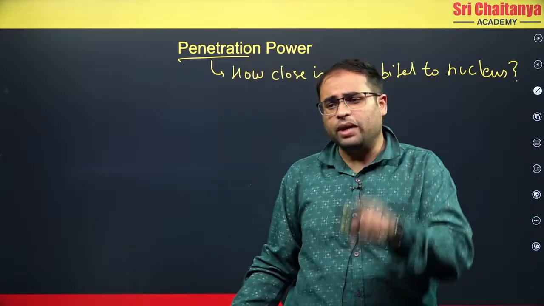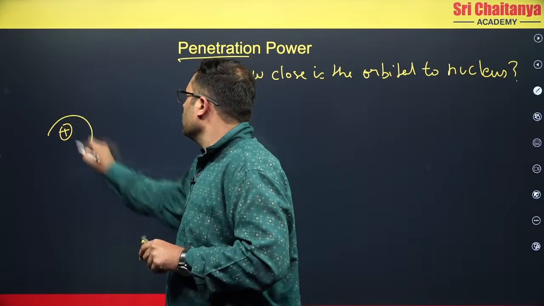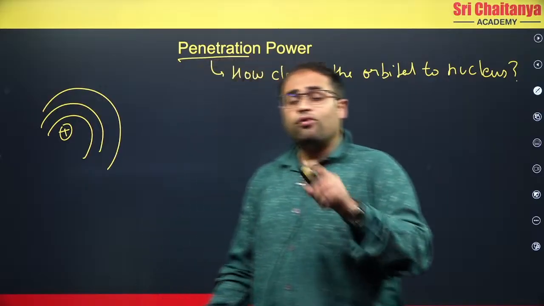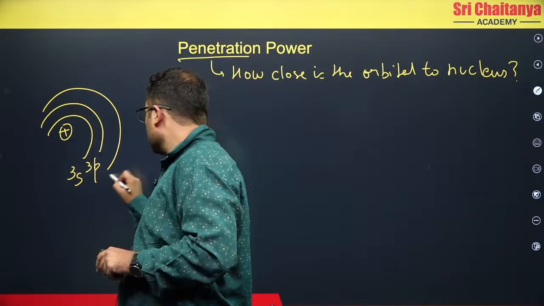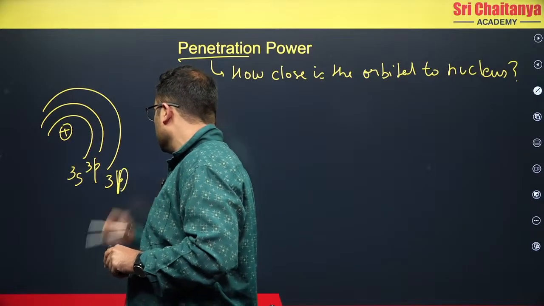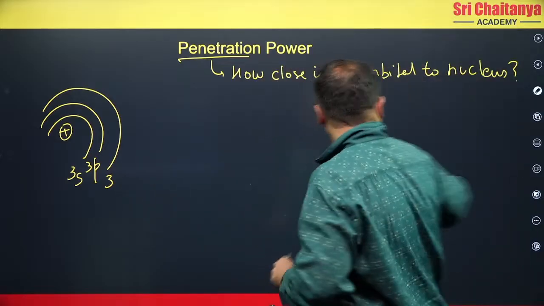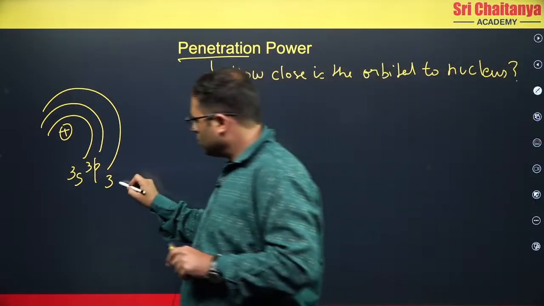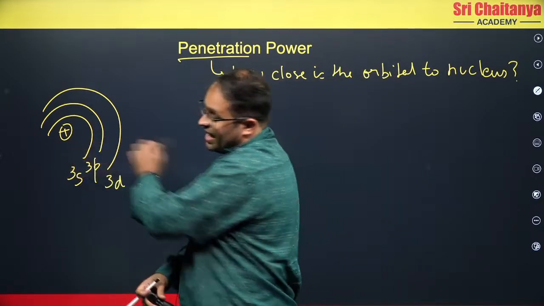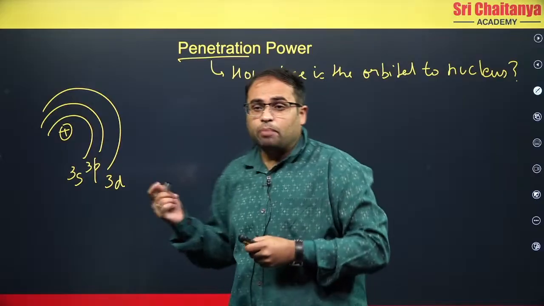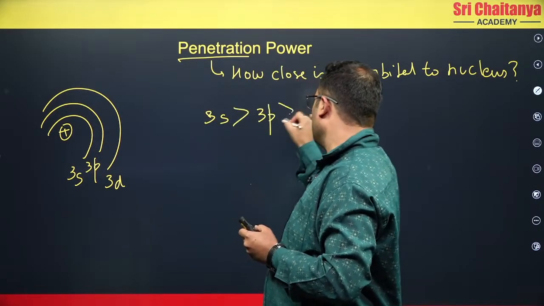Out of s, p, d and f, if this is the nucleus, for the same value of n, if you have 3s, 3p, and 3d, you can see the distance of 3s is less, which means the penetrating power will be in this order: 3s, 3p, and then 3d.